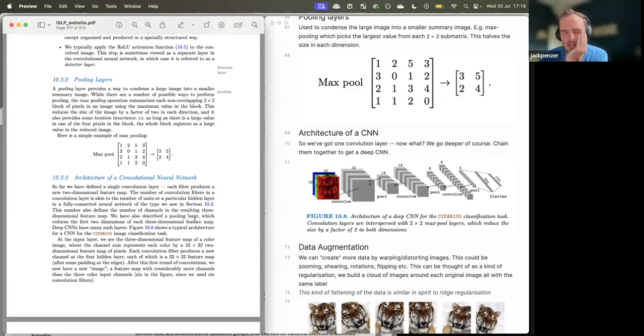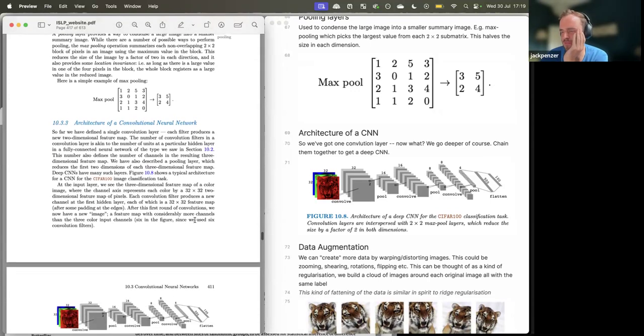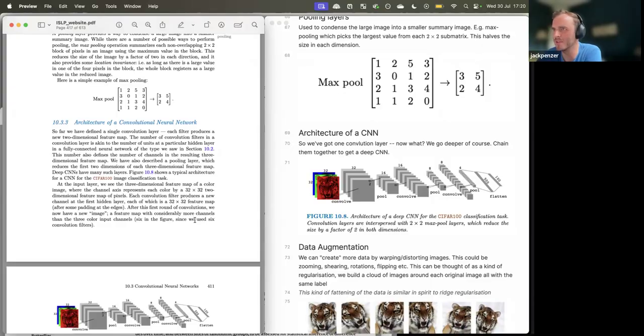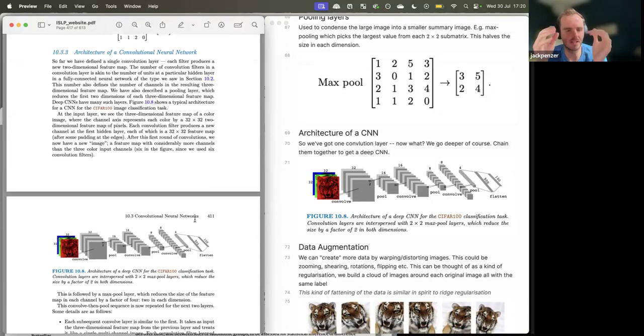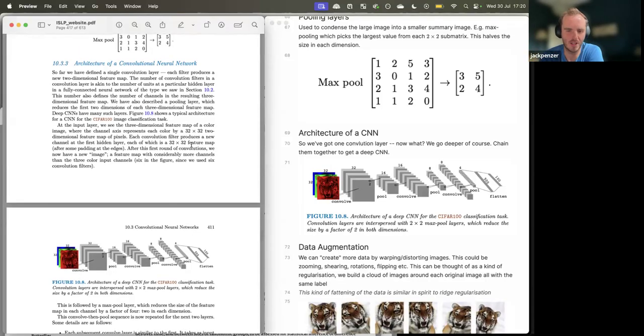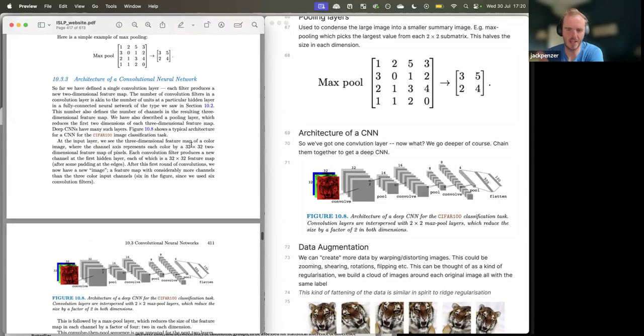Sorry, I scanned this part of the book a couple of weeks ago. Does it say explicitly that in the first layers you get the global features?